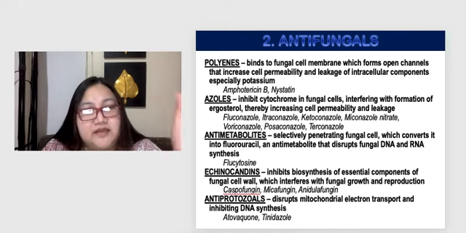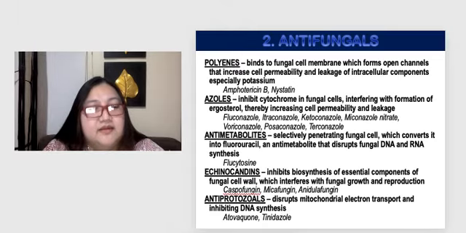Minsan makakakita kayo sa ospital ng mga gamot na binabalutan ng color black. Pwedeng yung mga carbon paper na black kapag walang gamit, or pwede naman yung special cover for those drugs na photosensitive. If you give the drug as an IV, even the IV tubing should be covered.